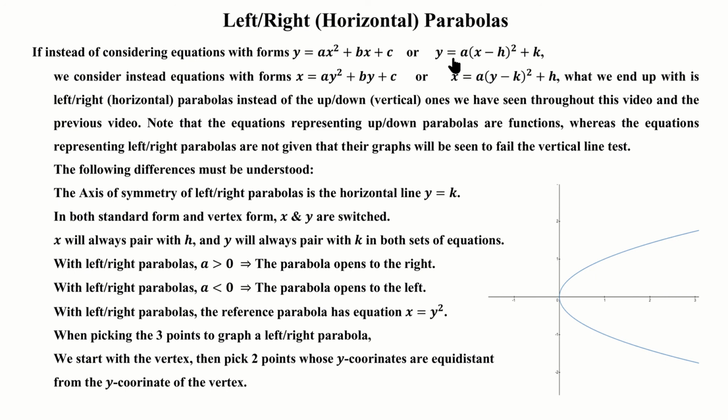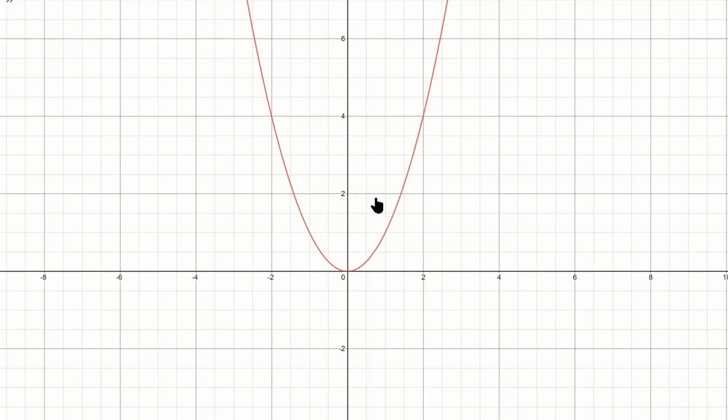Notice that if you look at the graph of an up-down parabola, let me bring one up real quickly just for reference. So here's the reference parabola itself. Notice y equals x squared. No vertical line will cross this graph more than once, so this does pass the vertical line test, as will all parabolas, even the ones that are shifted, etc. So all of them are functions.